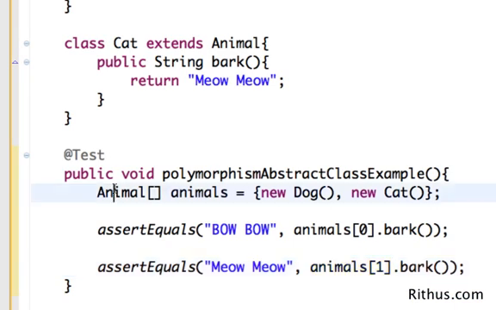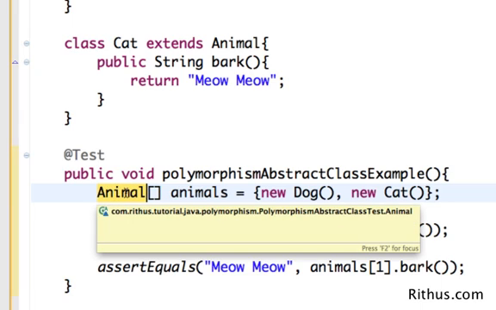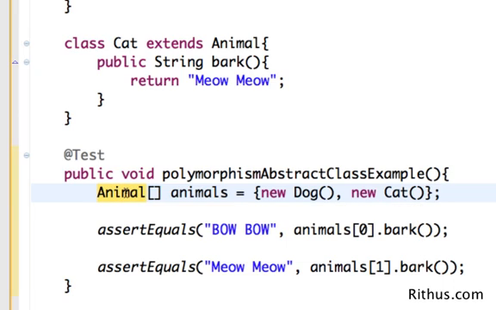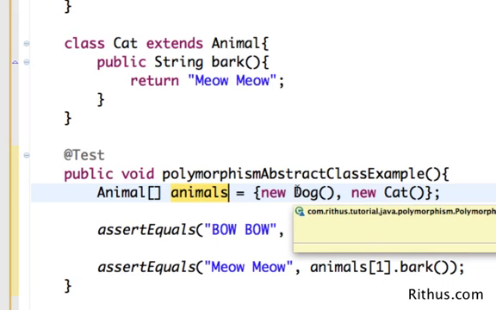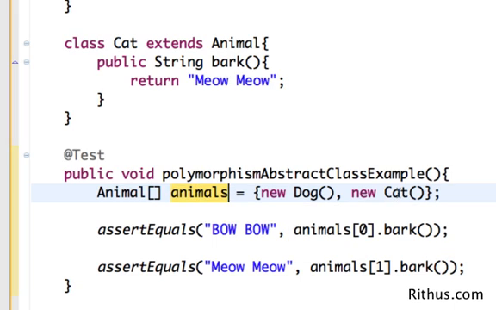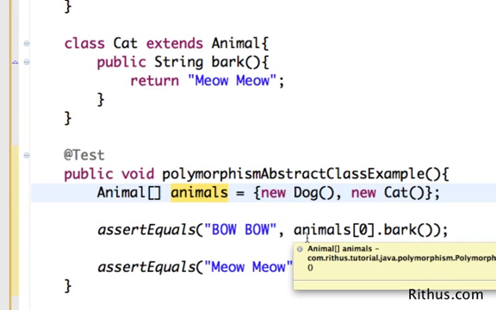So the method which is invoked on the same abstract class reference is different based on what value it contains. If the reference contains Dog, it calls "bow bow", and if it contains Cat, it calls "meow meow". That's a really good example of how polymorphism works.